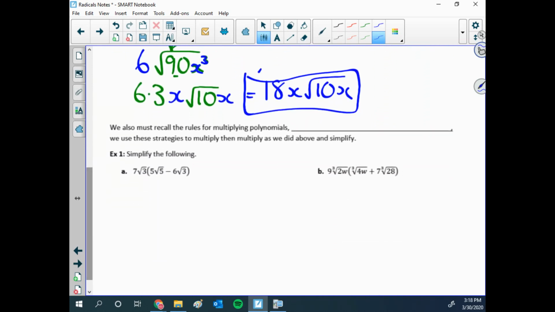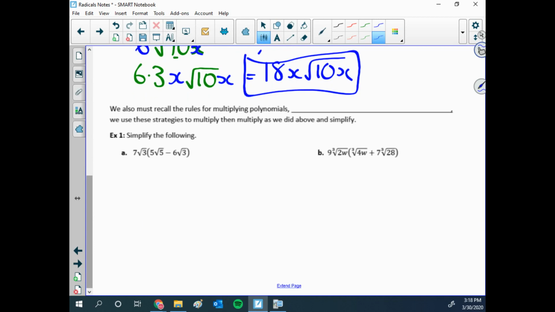Now, we're really extending here into a little bit more difficult multiplication. So with that being said, we have to remember the rules for multiplying polynomials. So multiplying rules for polynomials include like distributive property, or what you could call FOIL, or whatever other strategy your Math 10 teacher looked at.